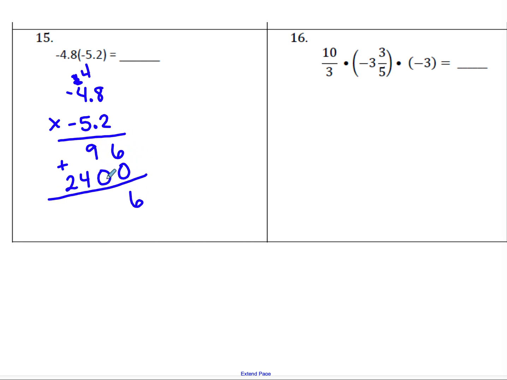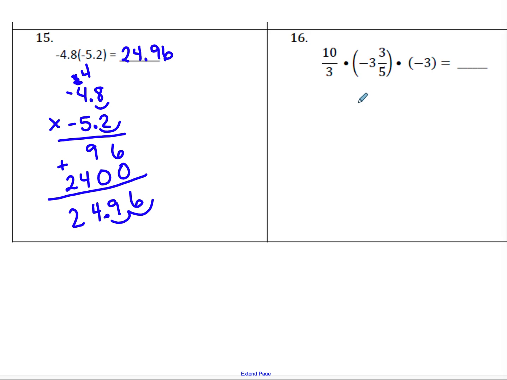So 6 plus 0 is 6. 9 plus 0 is 9. 4, 2, 1, 2 decimals in the problem, 2 decimals in the answer. Same sign, answer is positive. So my answer here is going to be 24 and 96/100.